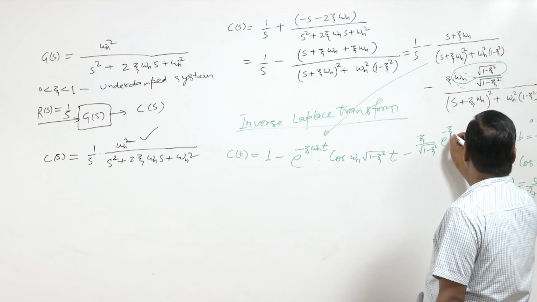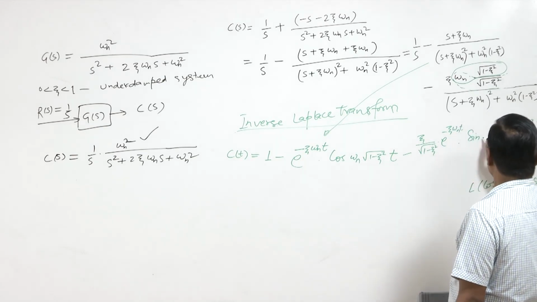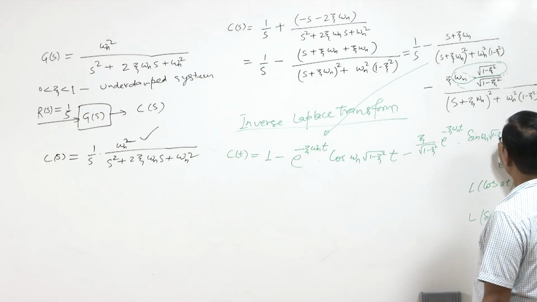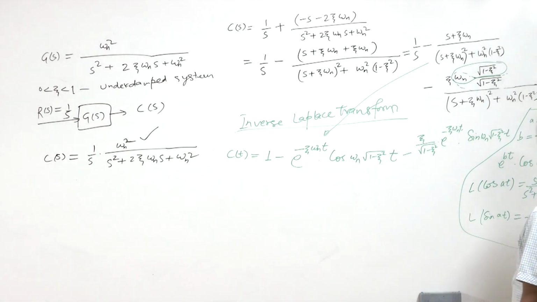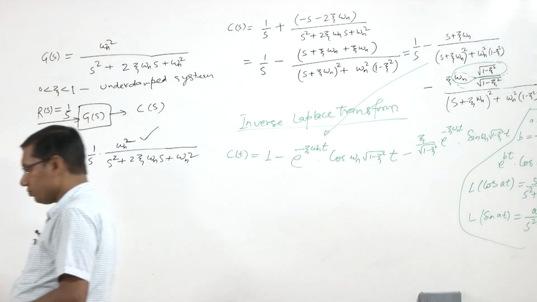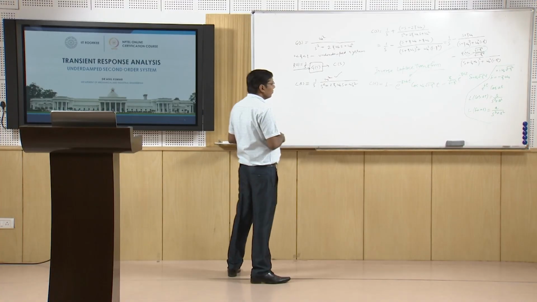So minus zeta omega n t into sin omega n root 1 minus zeta square t. So this is the response of this system.